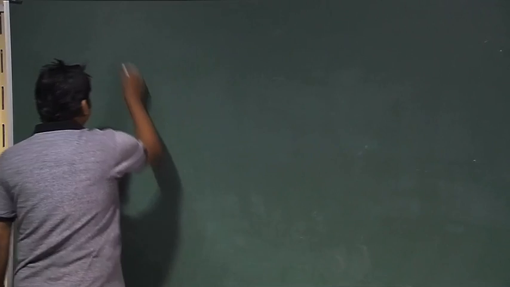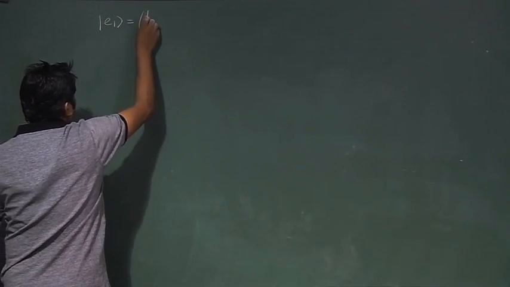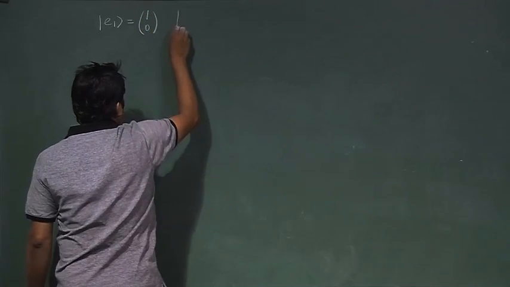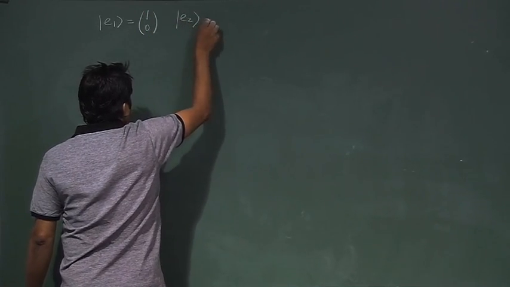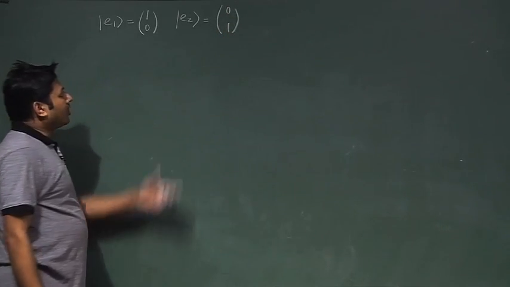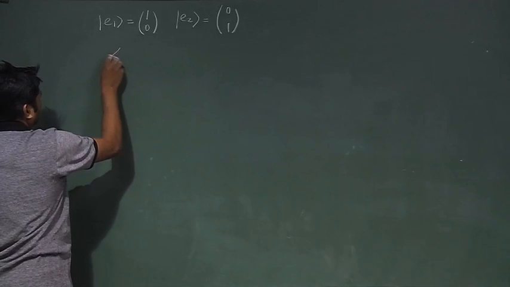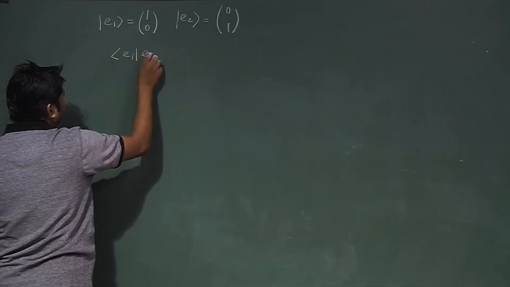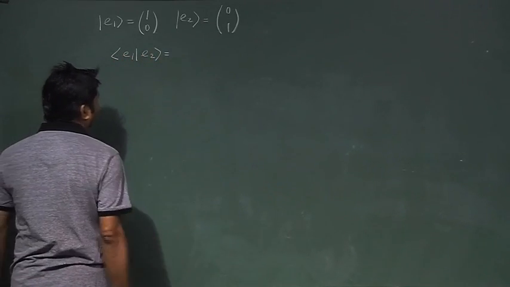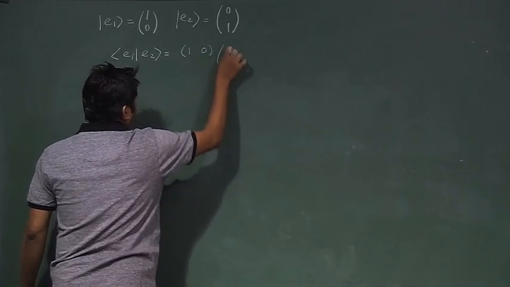So, let me check a few things: I am saying that E1, which is 1 0, and E2, which is 0 1, is a natural basis and orthogonal to each other. So, they are orthonormal. This is quite straightforward, but it is important to see what is going on here.